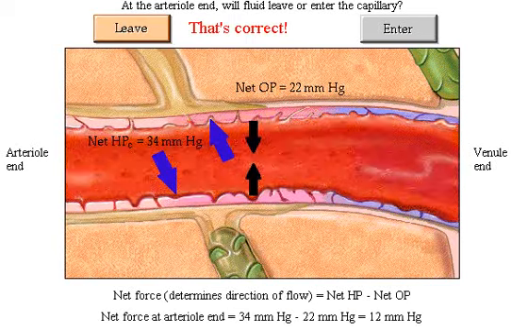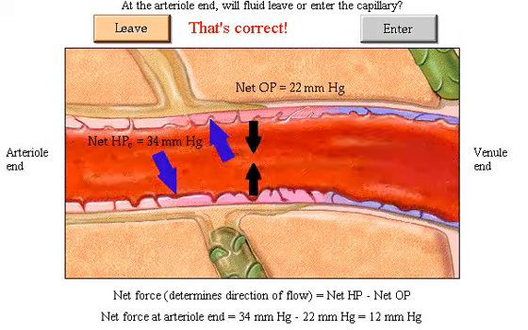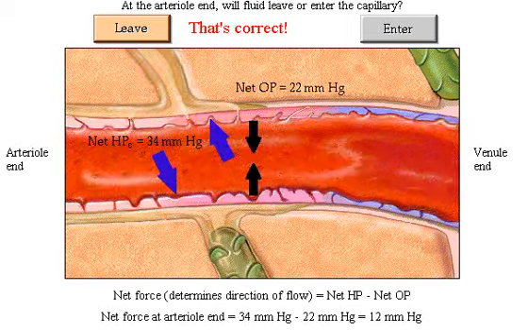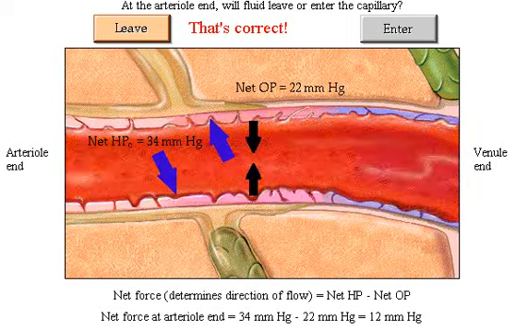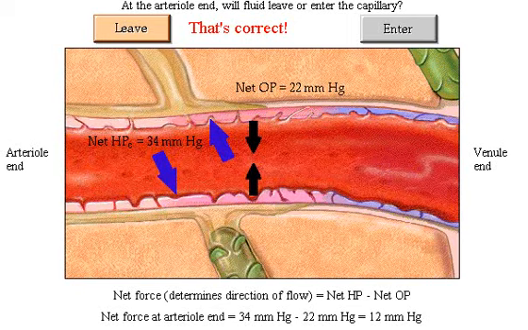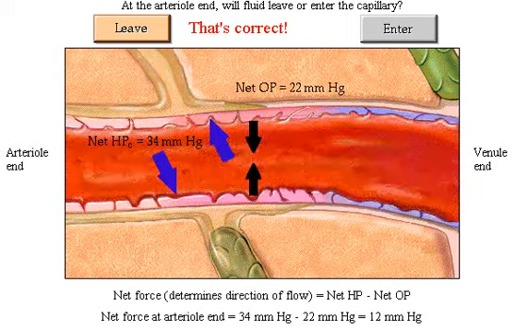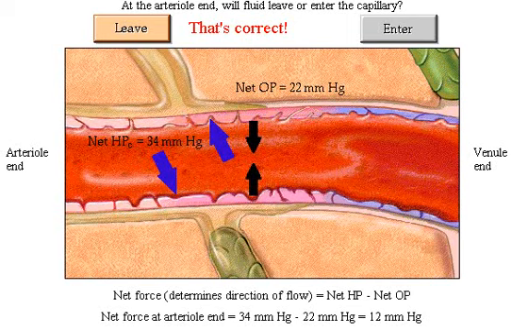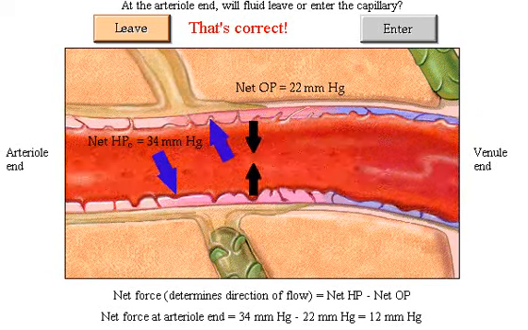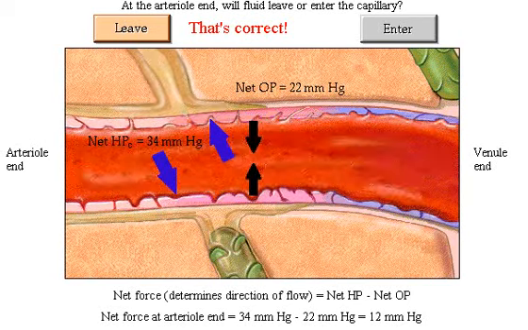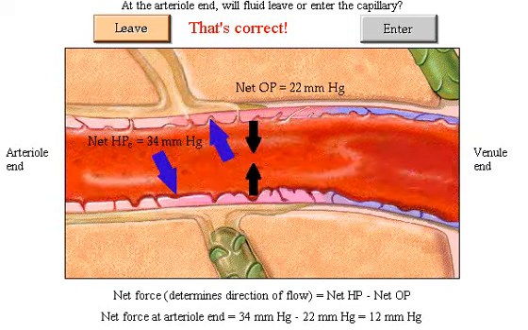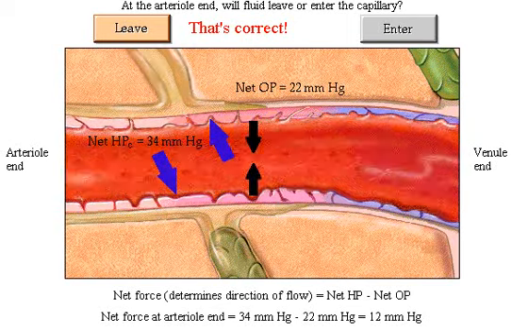The net force at the arterial end of the capillary equals 34 millimeters of mercury minus 22 millimeters of mercury, which equals 12 millimeters of mercury. Since the net hydrostatic pressure is greater than the net osmotic pressure at the arterial end of the capillary, the hydrostatic pressure wins out and fluid leaves the capillary at the arterial end.